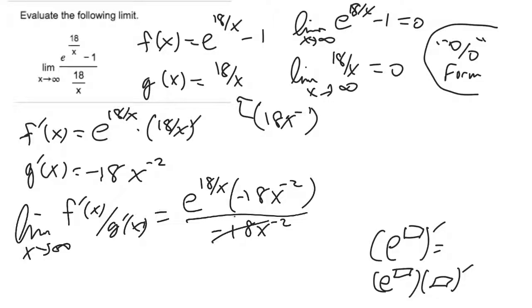And so this is a clean break. The one factor in the numerator cancels with the entire denominator. So I have, I forgot my limit here. Limit as x goes to infinity of just e to the 18 over x. And just as we said before, the 18 over x part is going to 0. So e to something going to 0 is getting closer to e to the 0, which is 1.